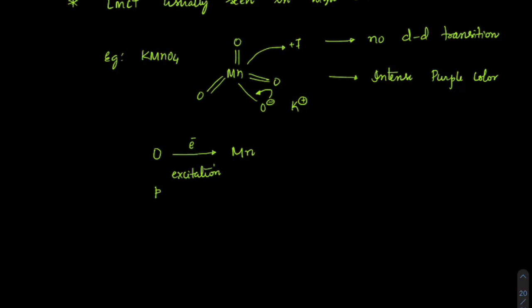In p orbitals, correct? From p, where is it going? To the empty d orbital, because d to 0 hai abhi. Manganese does not have any d electrons here, which means it is following Laporte's rule, where delta L is 1, है ना? So +1, and it is also following the spin selection rule.